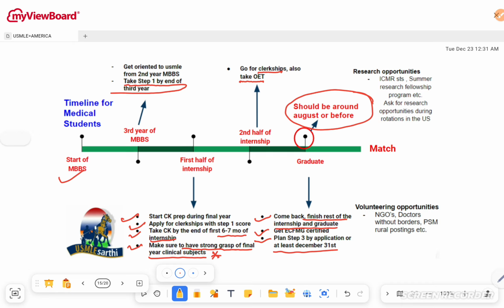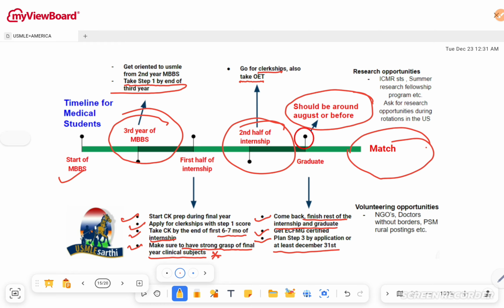Actually, if you have completed Step 1 at the end of the third year MBBS, and during half of the internship we have completed Step 2, then we can apply for the match residency. That is the purpose we prepare for the USMLE exam. We have only one core objective: to practice medicine in America.